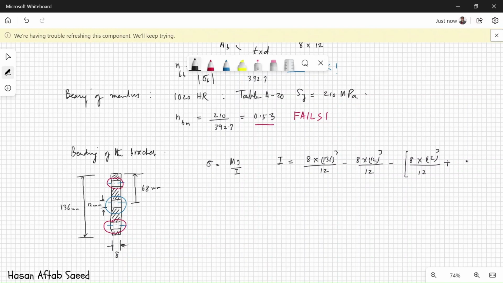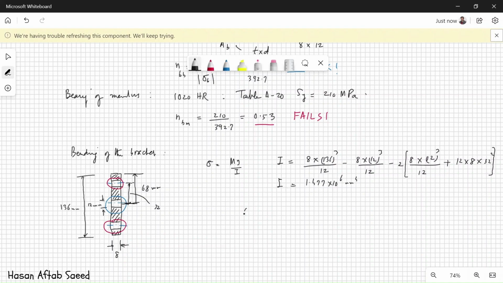The area of the hole is 12 into 8, and the d happens to be the distance of the center of this area to the centroid of the whole structure. This happens to be 32, 32 square. And because hole 1 and hole 3 at the bottom are exactly symmetric, we can just put a 2 here. So this gives us a value of 1.477 into 10 raised to power 6 millimeter power 4.